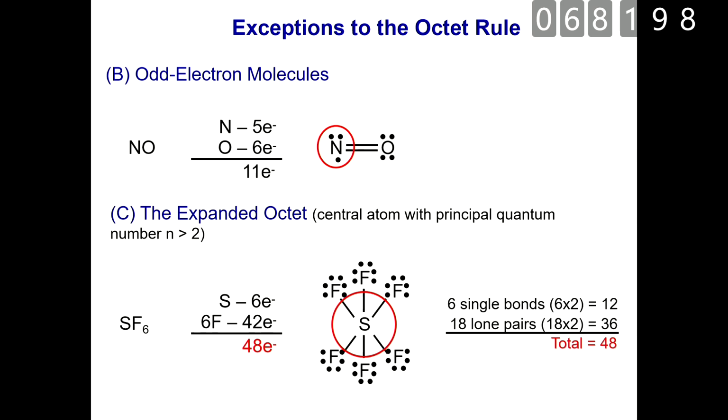So this means the octet rule can't explain all compounds. It can explain the structure of most compounds, but for some it can't. So what does this mean? This means maybe in the future, people can raise a better theory to explain the structures of all compounds.